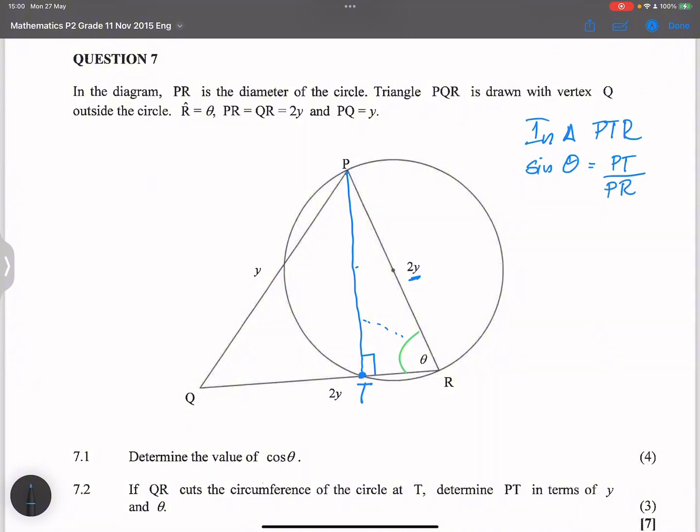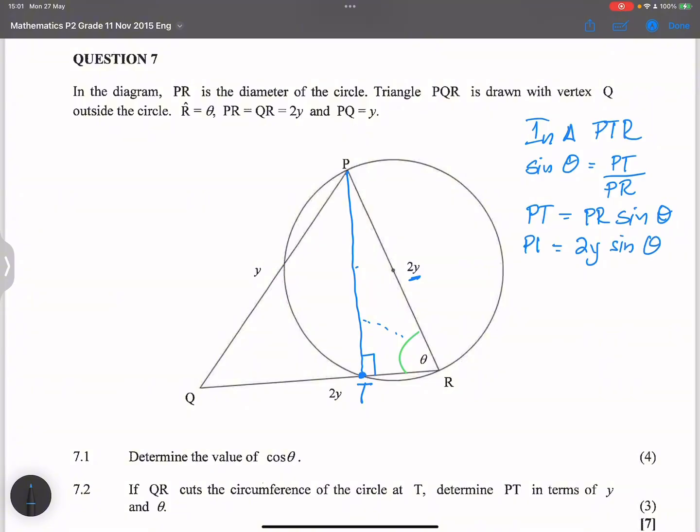And so what that simply means, remember we are looking for the line PT, so PT will be PR times the sine of theta, and PR is 2y. So that will be 2y sine theta.